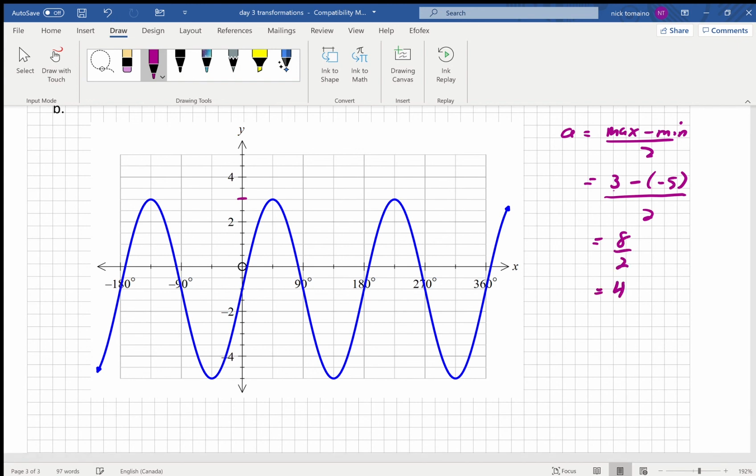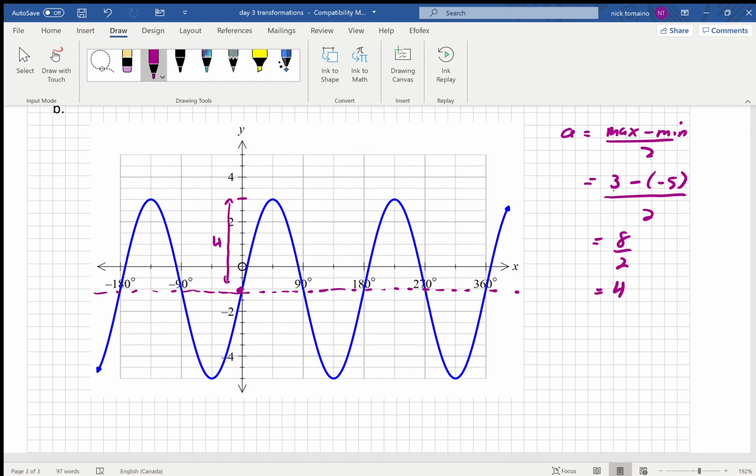So that's your amplitude. For a sine curve, the equilibrium value is at -1, because from -1 to 3 is 4, and from -1 to -5 is also 4. So you can even draw a line, the line of symmetry there.